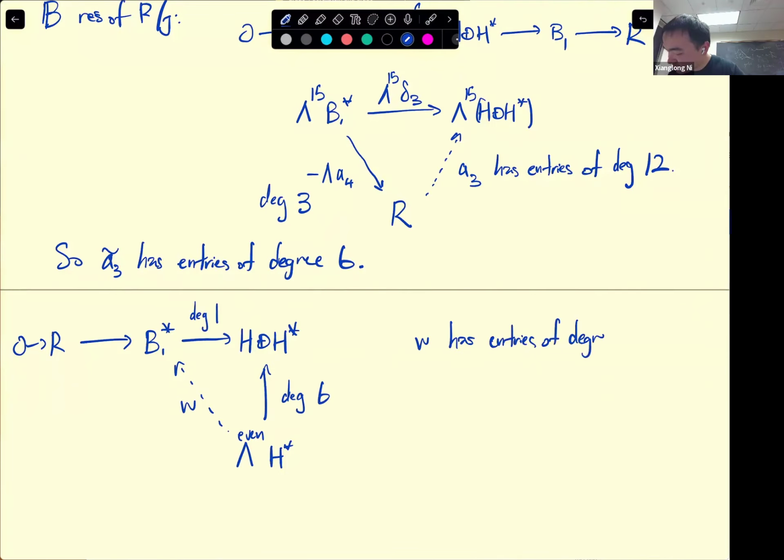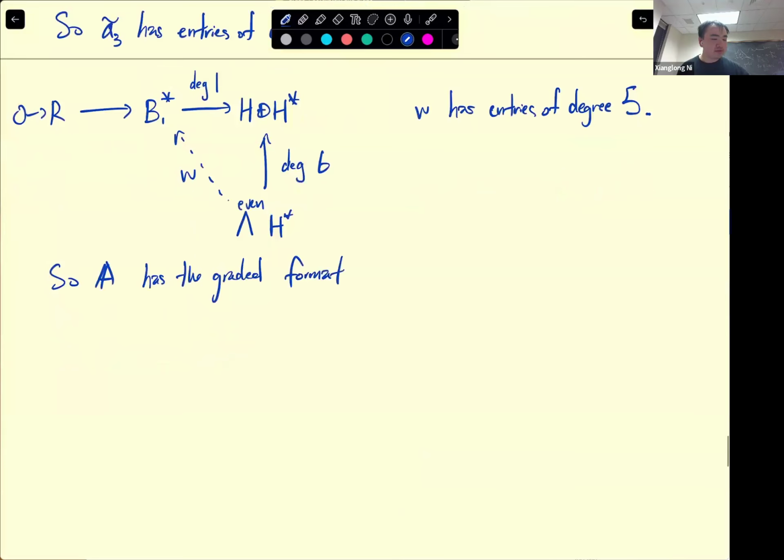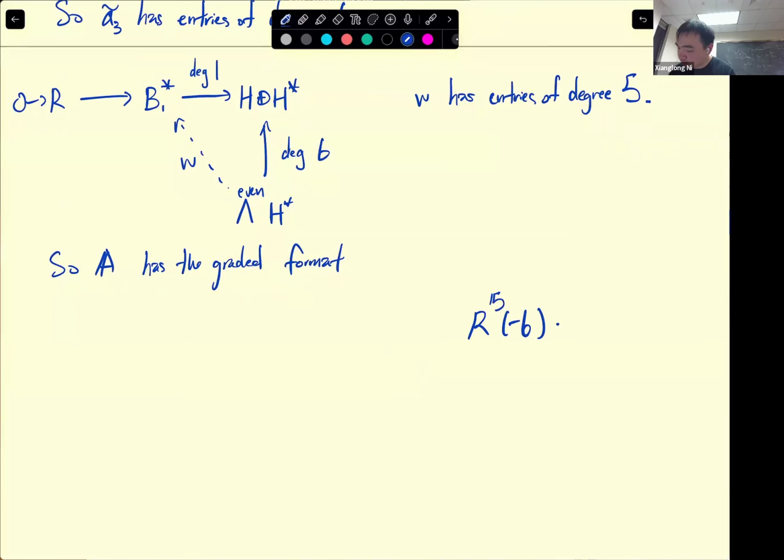Right. So then the complex A has the graded form as follows. It's generated by 15 elements of degree 6, and then the next differential just comes from the original middle differential, so this will be in degree 7.